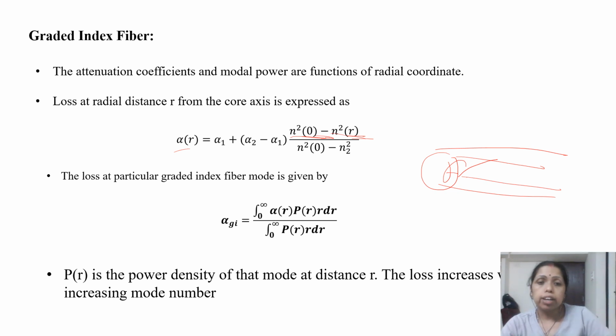Due to that, you will also get different losses, alpha 1 and alpha 2, that I told you are the losses due to the core and cladding, right? And this is related to the changing refractive index inside the core and the cladding. So this is the formula for calculating the attenuation loss inside the gradient index fiber for core cladding.